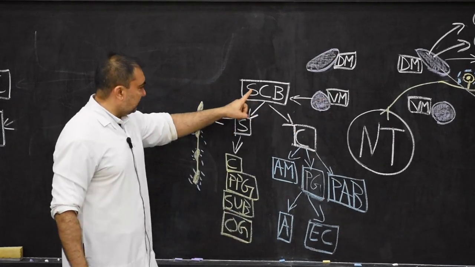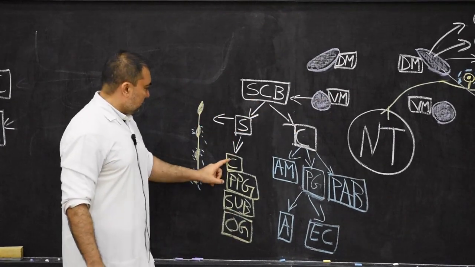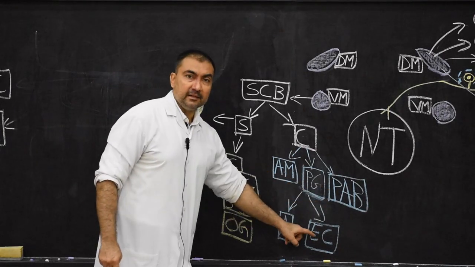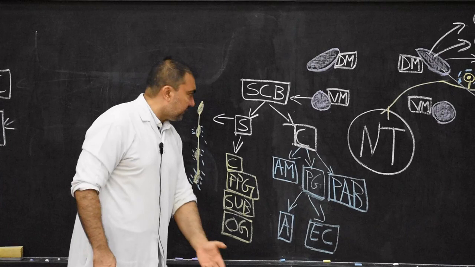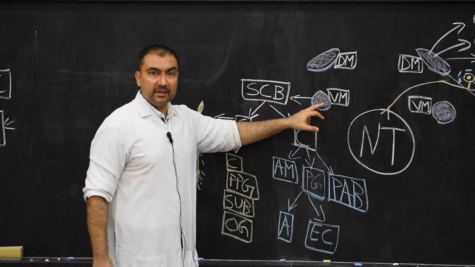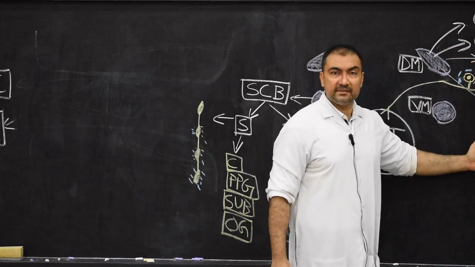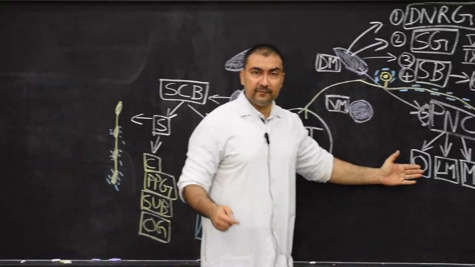All these structures in sequence, 1, 2, 3, 4, 5, 6, 7, 8, 9, 10. That means these are straight 10 derivatives from the ventral mass. And when you note down the structures from the dorsal mass, you come down to all these derivatives. In this way, the derivatives have to be mentioned.